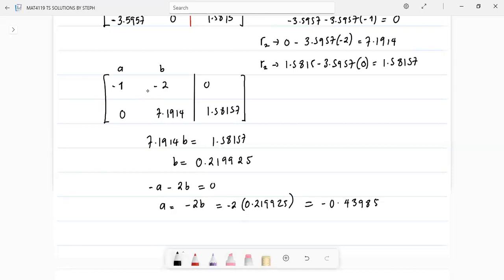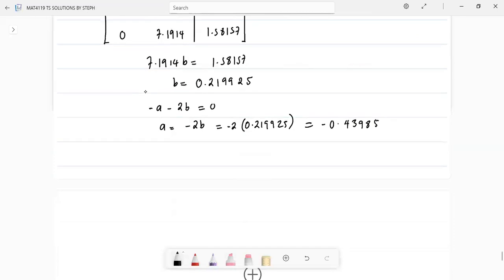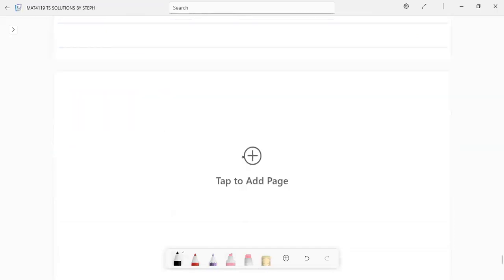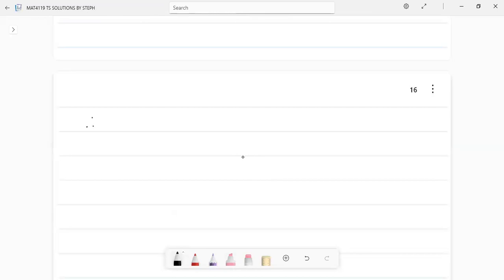Okay, so this is now our matrix delta X. So therefore our delta X matrix we're looking for is this here.